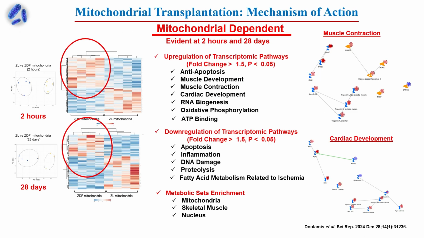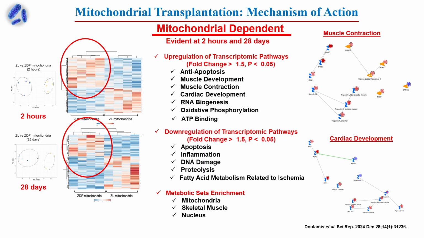Here we are. What we find is, in about 2 hours and 28 days, we end up with a significant upregulation of some pathways. These are mitochondrial dependent pathways. We get upregulation of anti-apoptosis, meaning rejection of cell death, muscle development, muscle contraction, cardiac development, RNA biosynthesis, and stuff to do with the mitochondria.